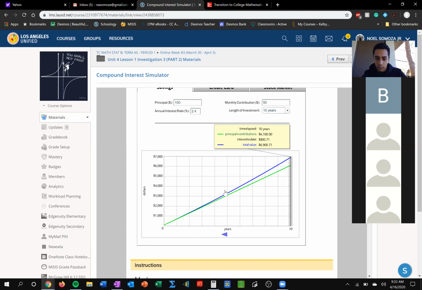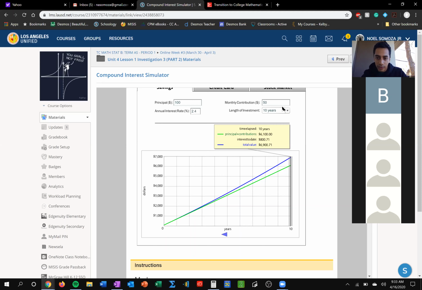Your green is growing at what we call a linear rate. It's constant, only increasing by those $50 a month. So it's a very linear graph. The blue one does not grow linearly. This is the benefit of compound interest: compound interest grows exponentially. So you have faster growth in your blue than in the green. The thing that makes that go is the interest rate.